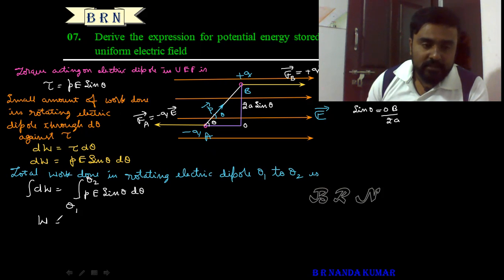Integration of dW is W, p and E are constant, so they come outside. Integration of theta 1 to theta 2 sin theta.